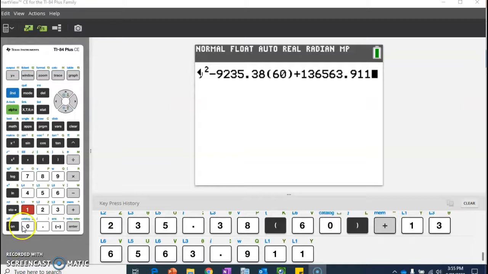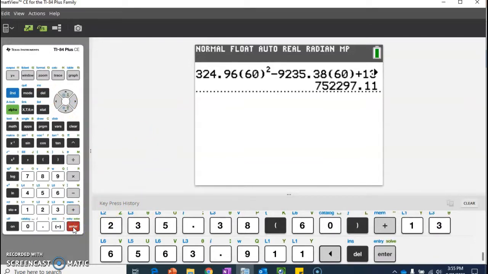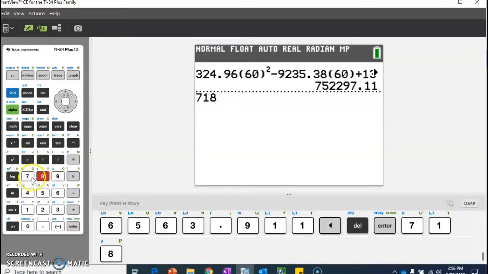Right. So I typed everything in. Let's see, I put an extra 1 there. I'll delete that. Put everything in. I'll hit enter. And that is my predicted value. So my predicted value is 752,297.11. And since it's actual minus predicted, I'm going to do my actual value, which was 718,762.